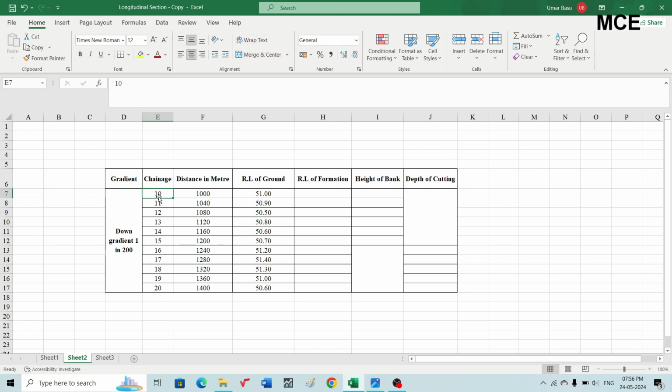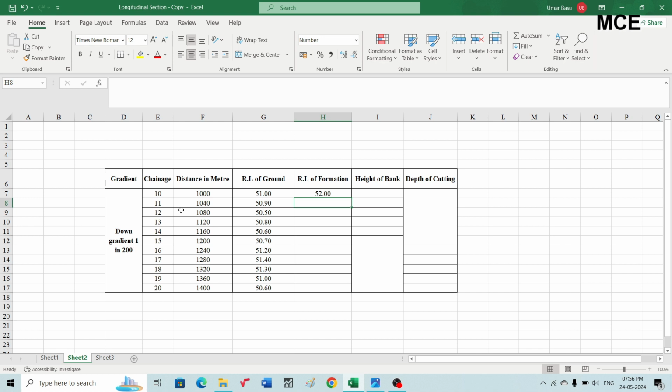For chainage 10, distance is 1000 meter, and for chainage 11, distance is 1040 meter, and so on for the rest of the chainages. Also it is given that the RL of the formation at the first chainage is 52, and thereafter the road is in a downward gradient 1 in 200.